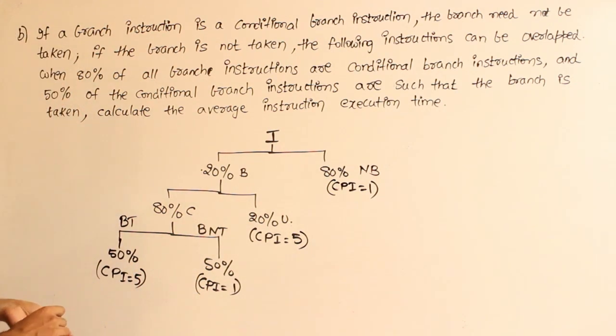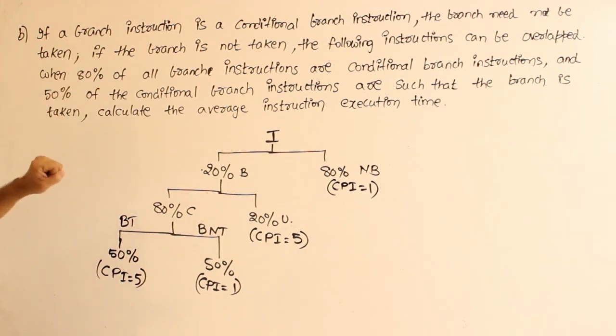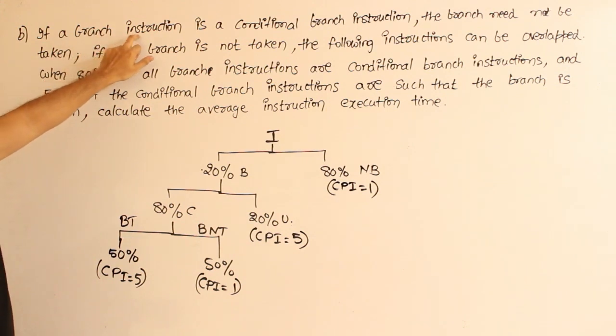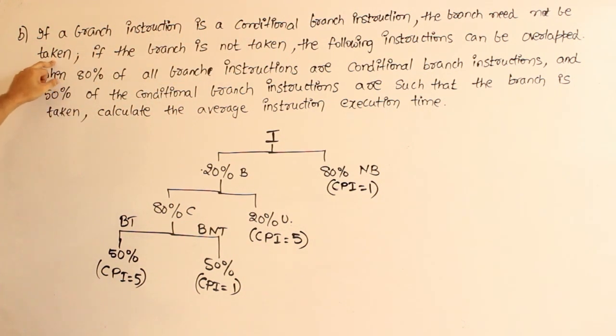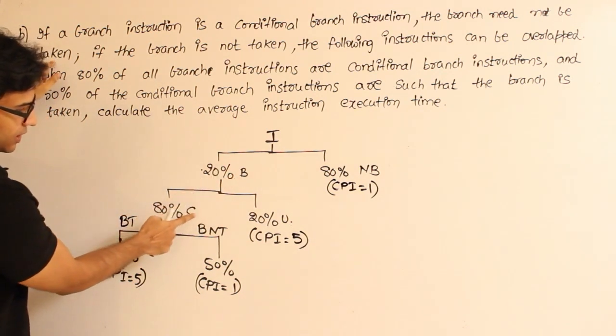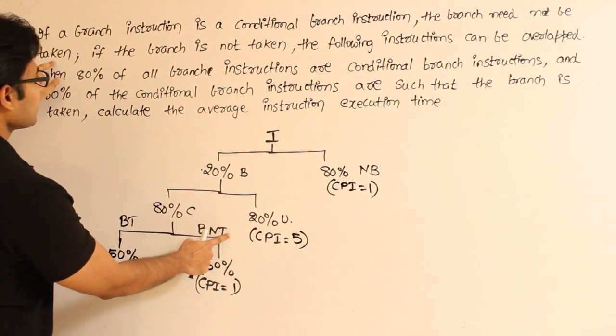So try to understand this one. Now with this particular diagram, you can analyze the question. If a branch instruction is a conditional branch, the branch need not be taken, which means the branch may be taken or it may not be taken.